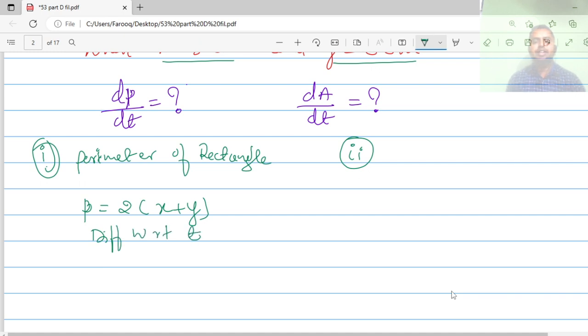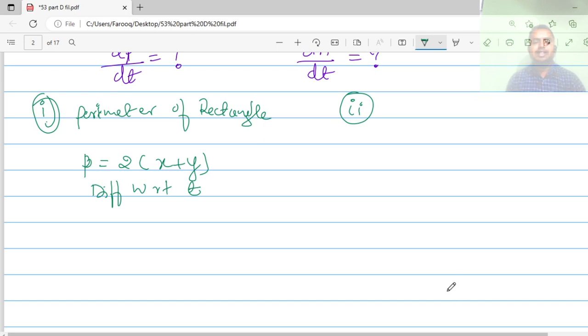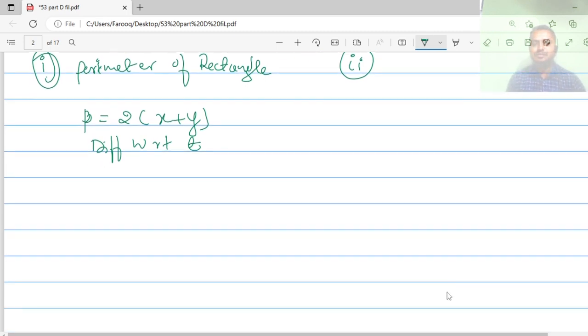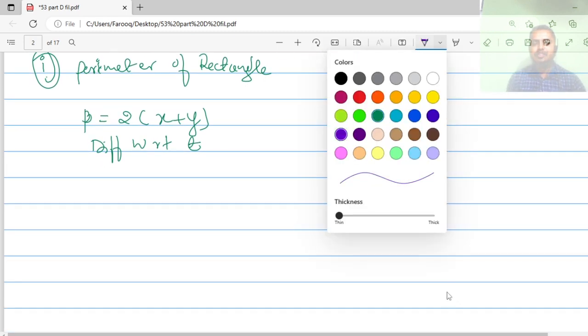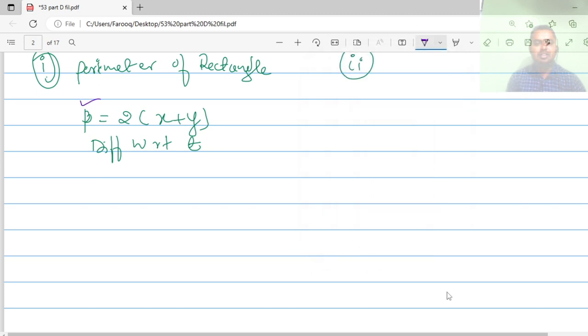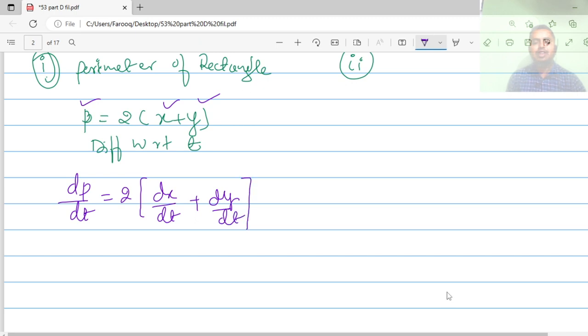Differentiate with respect to t. dP by dt is equal to 2 into, and this 2 is constant as it is. The derivative of x is dx by dt, and the derivative of y with respect to t is dy by dt.